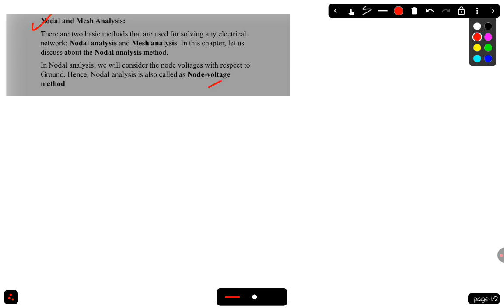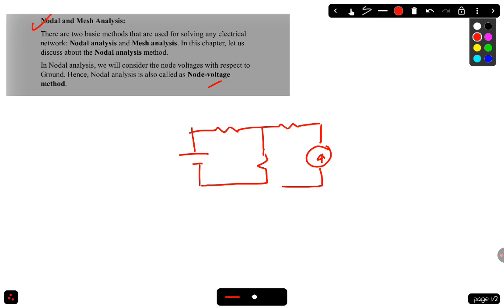So dear friends, suppose we have a circuit. This is our circuit. This is another resistor, this is a current source, R1, R2, R3, and current I is flowing.